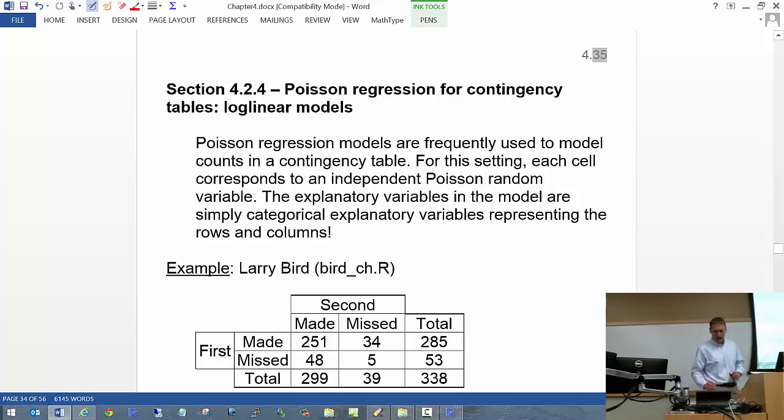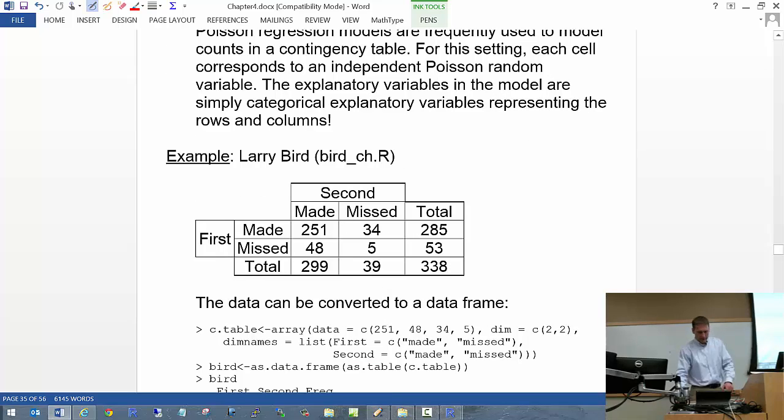Page 35. Okay. So with respect to contingency tables, Poisson regression models are very useful. Now, in terms of the Larry Bird example, we looked at two different ways that you can think about how these counts can come about. The first way is that row 1 represents a binomial distribution. The counts come from a binomial. Row 2 represents the counts come from a binomial.